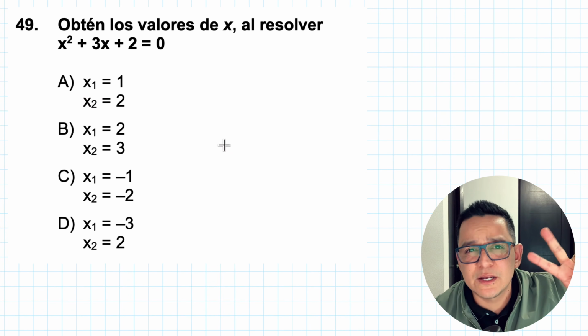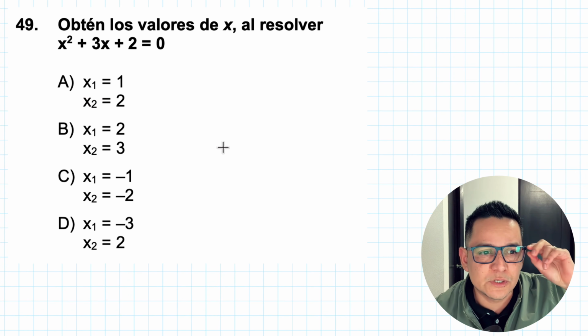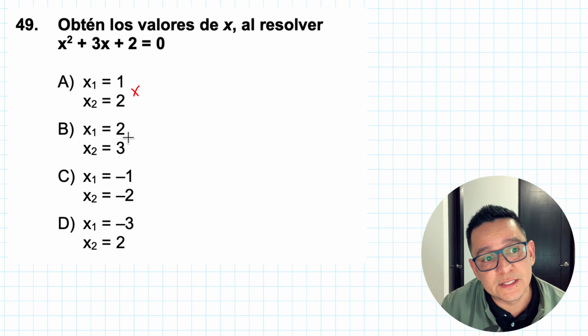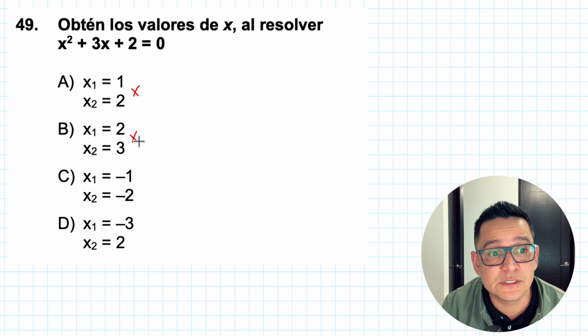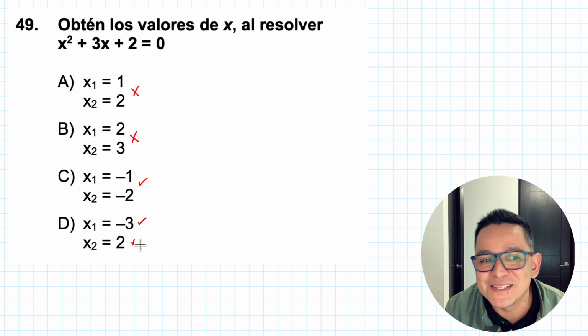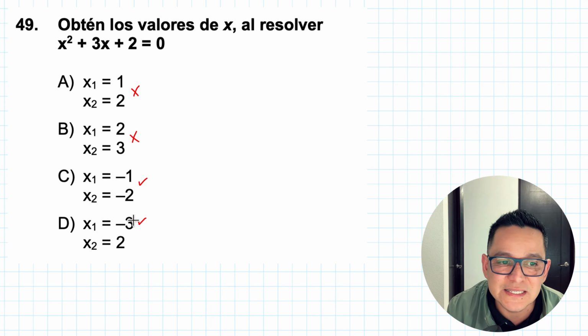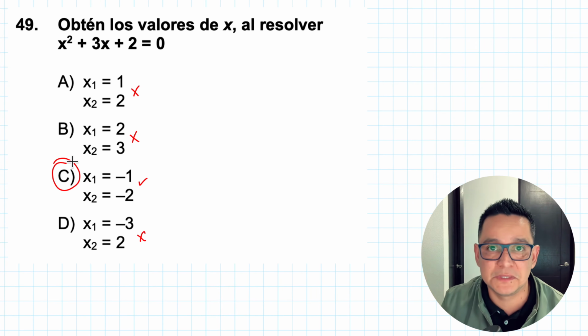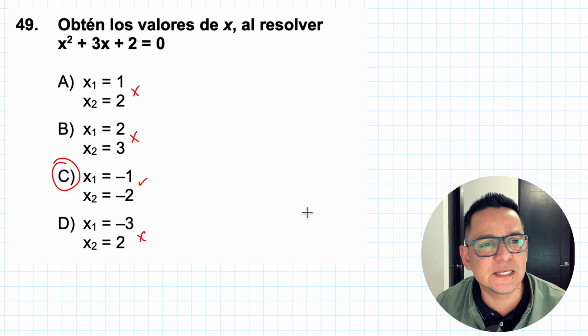When solving a quadratic equation, there are 2 solutions, right? This one can't be because it has positives, nor can this one. This one could be since it has negatives, and this one could too, but not this one. So it's not option D either, so that's it. The correct answer is option C. We're done.